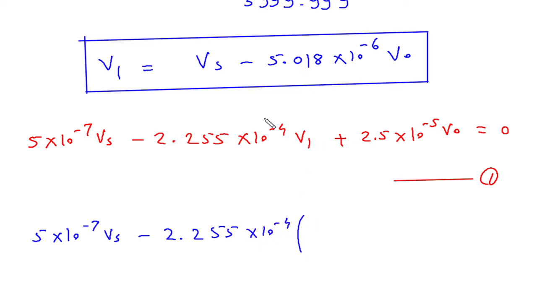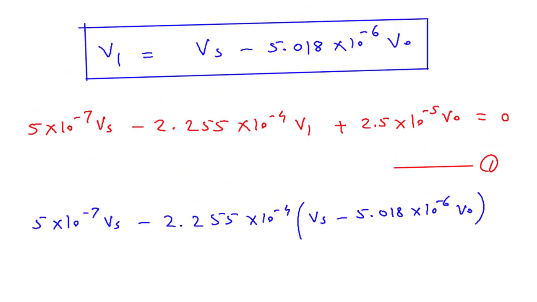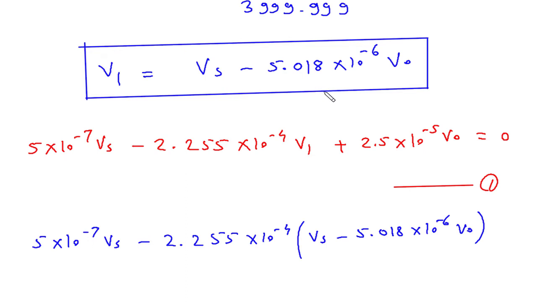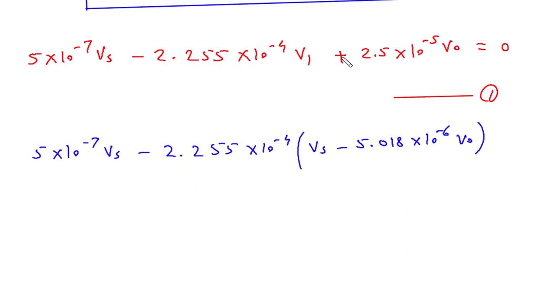Now in place of V1 this will be VS minus 5.018 into 10 to the power minus 6 VO, then plus 2.5 into 10 to the power minus 5 VO is equal to 0.